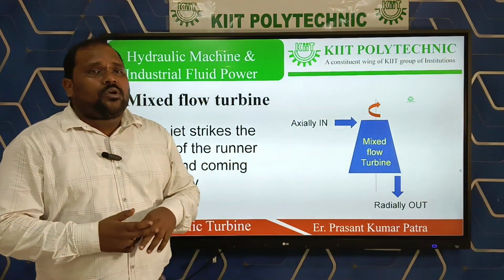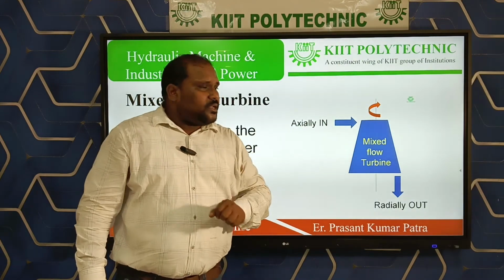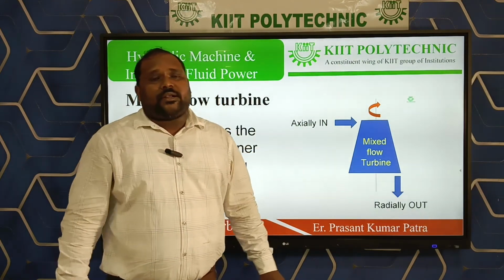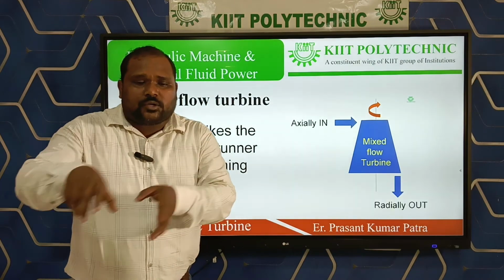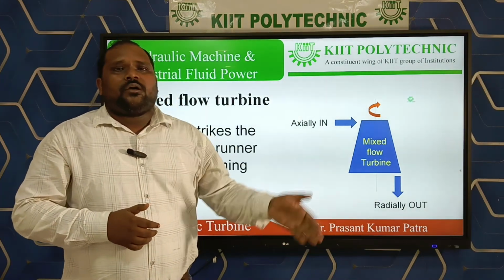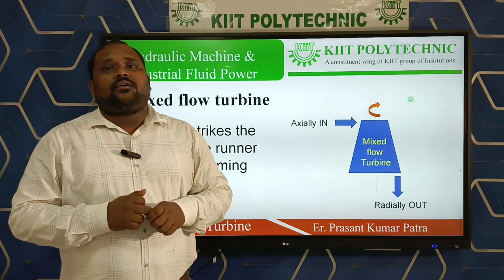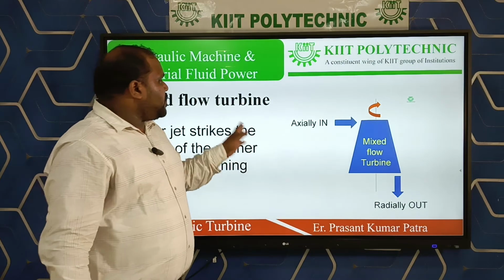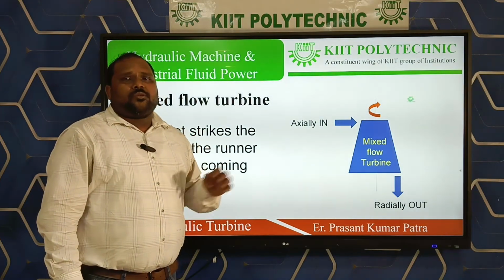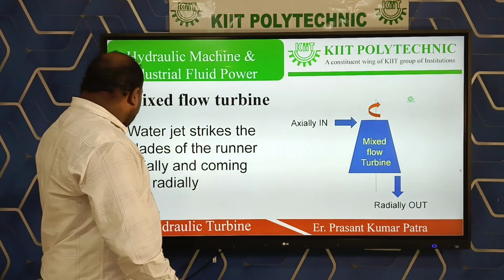What is that mixed flow? This is not radial inflow and exit radially. So the flow of water to the turbine is axial, that means in the direction of the shaft, but water will exit in the radial direction. That's why it is known as the mixed flow turbine. The example is the modern Francis turbine. Next one.